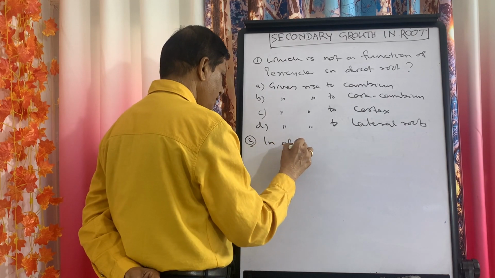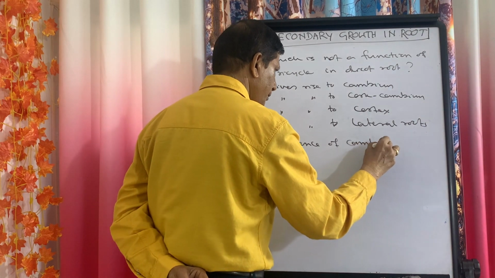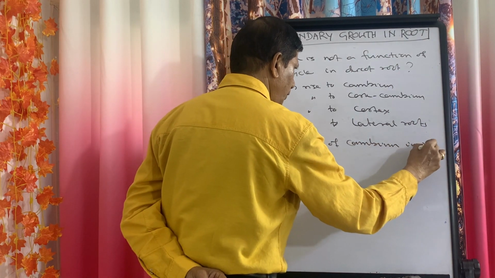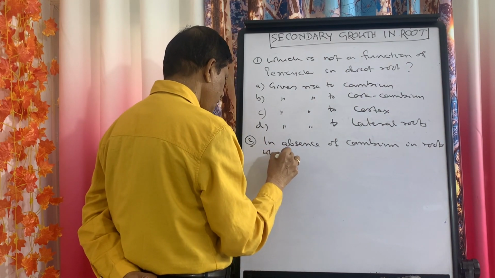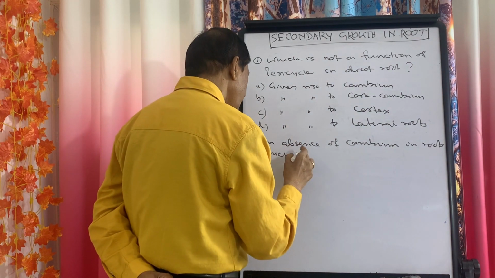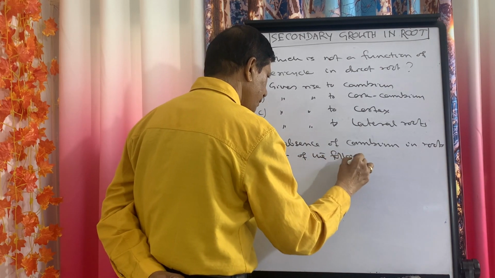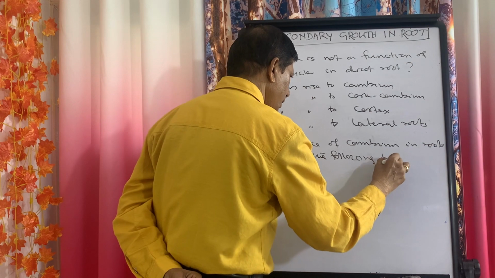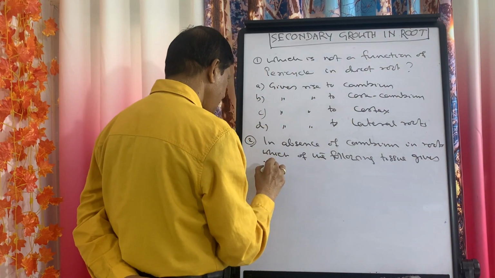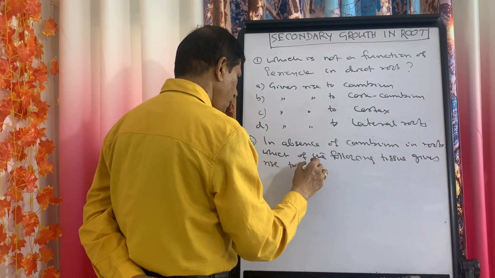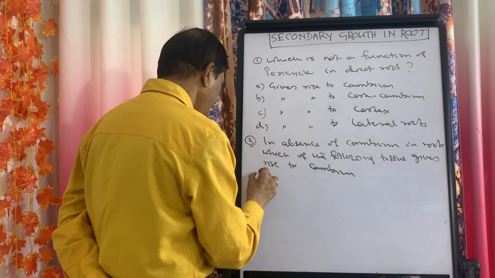Second question: in absence of cambium in roots, which of the following tissue gives rise to cambium?